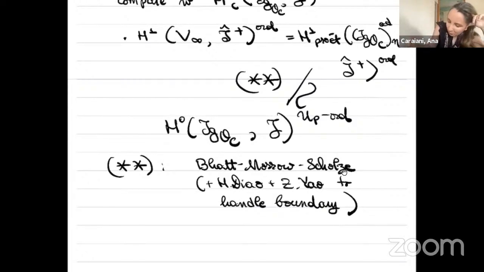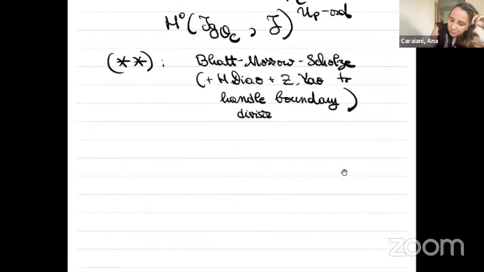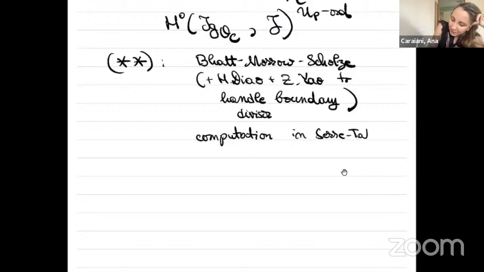But in order to incorporate the fact that you have a boundary divisor, there's some extra result that one needs. And of course, when Bhatt, Morrow, and Scholze do this, they obtain some junk torsion. But there's also a computation in Katz coordinates that you can do. Everything is extremely explicit in those coordinates, and you can see that taking ordinary parts kills this junk torsion.